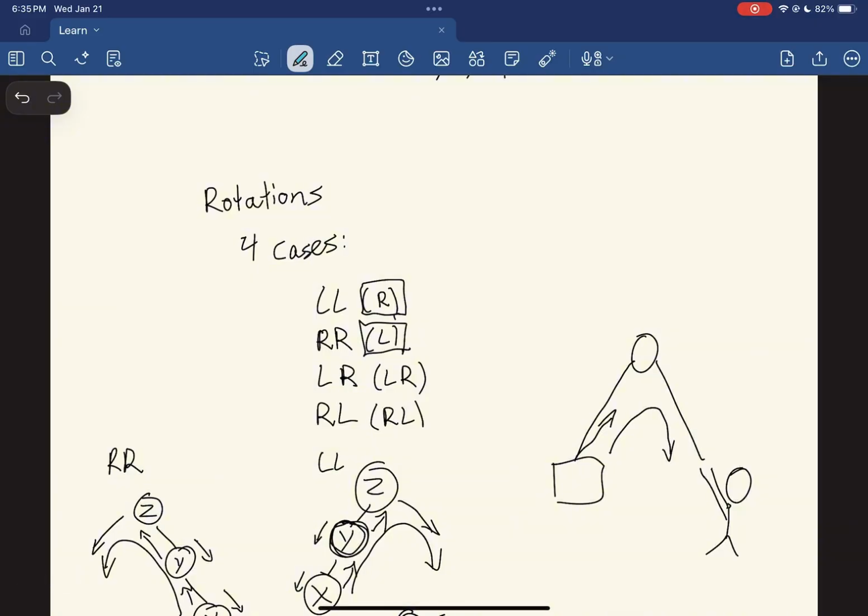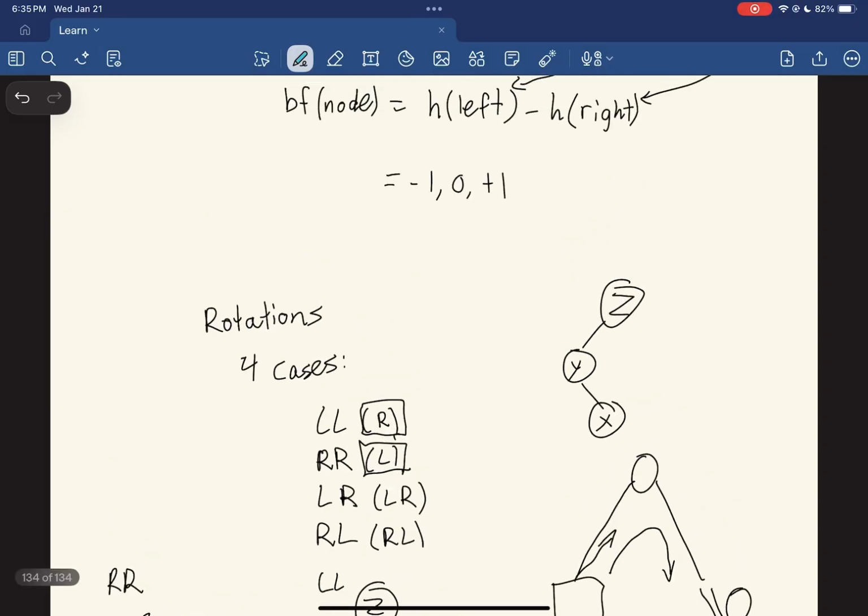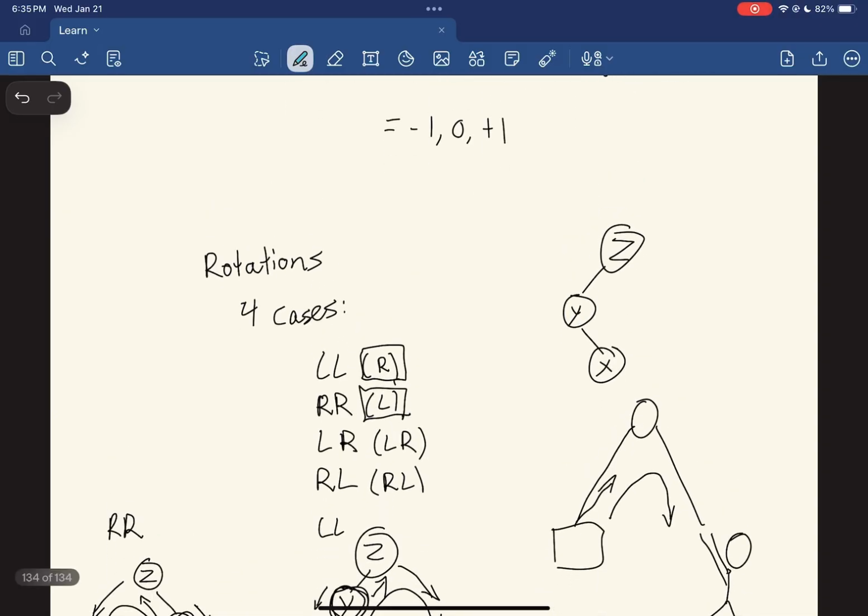So an LR case would look something like this. You can see we have a left and then a right. See that? And again, this looks like a linked list. So once again, it's unbalanced and you want to make it balanced. What you do is you do the exact same letters as the LR is.